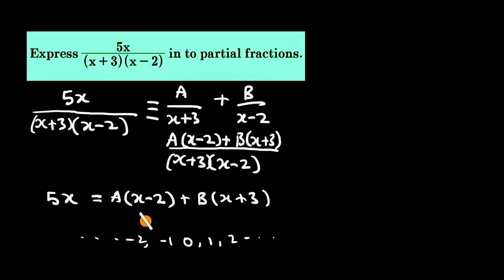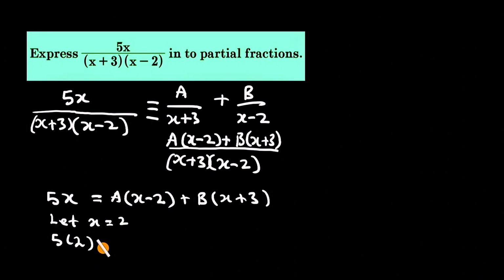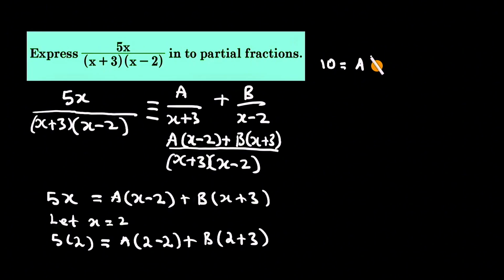Now you see, if I substitute, let's say 2, that is, let x be 2 for now, then wherever I see x, I put 2. So 5 into 2 will be equal to A into 2 minus 2 plus B into 2 plus 3. This will give me 10 equals A into 0.